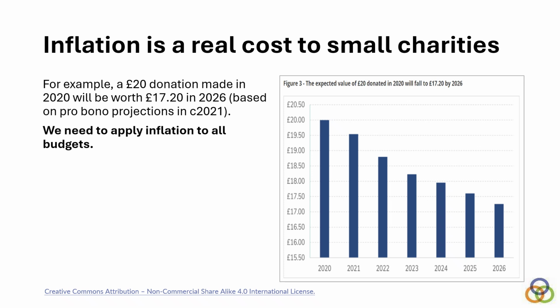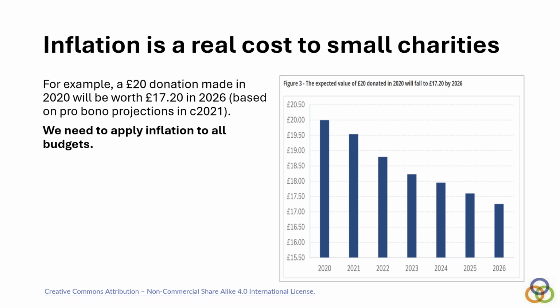There is a time value to money when inflation exists. So in an inflationary period, £1 today will not be worth £1 in 10 years' time. It will erode the value of that £1.